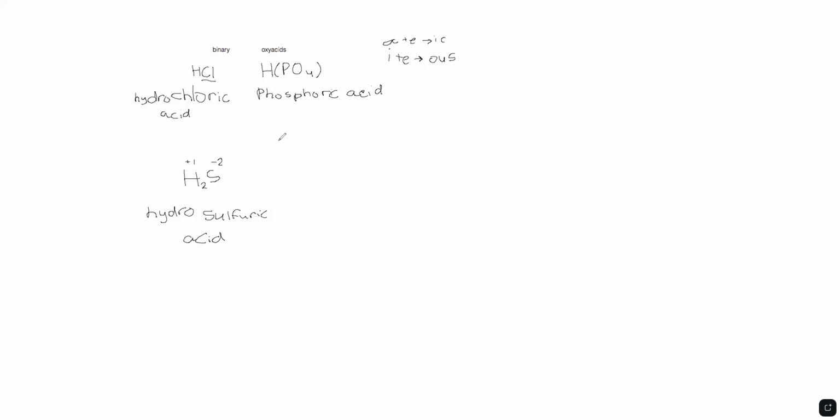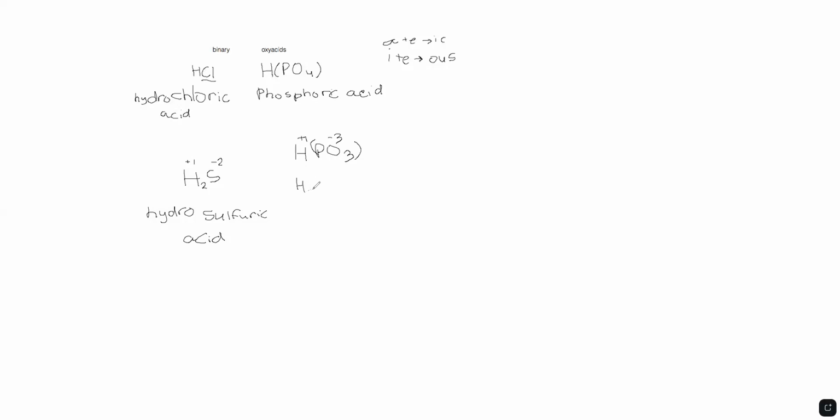So let's try another oxyacid or two. So let's say we have hydrogen bonding with phosphite. So this is also not neutral because phosphite has a -3 charge, and we need 3 of these hydrogens to make it neutral.